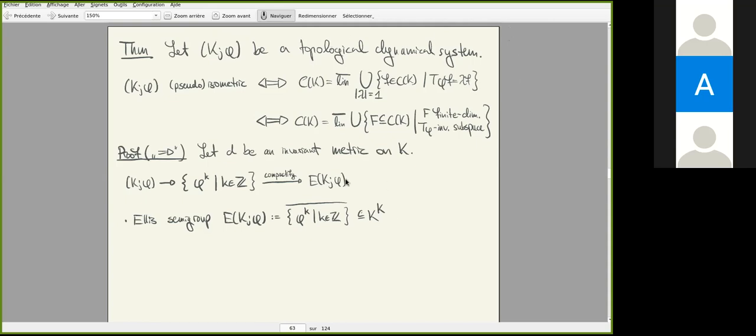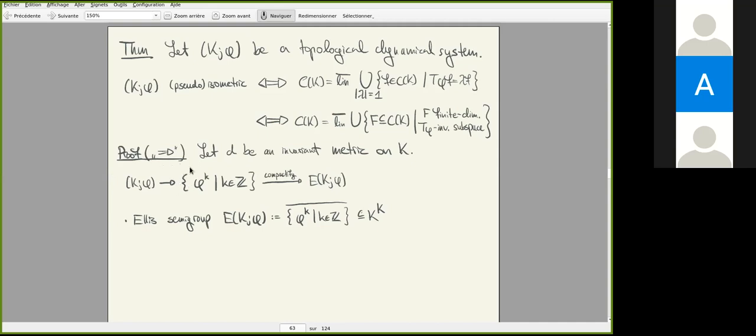So, let d be such an invariant metric on K. Then we can start with our system and look at the acting group here, the phase, the transition group. Transition group is the right name. I think Ellis calls it that.